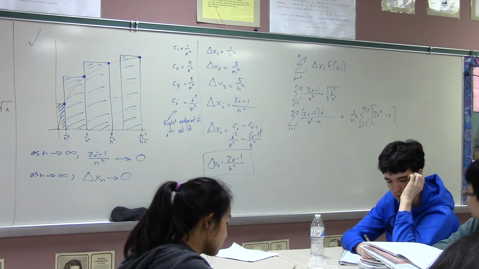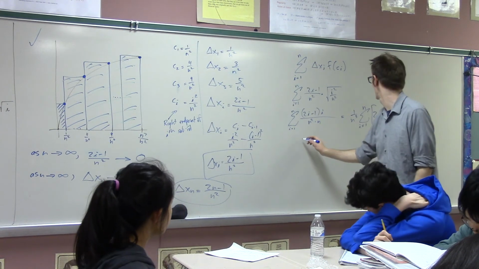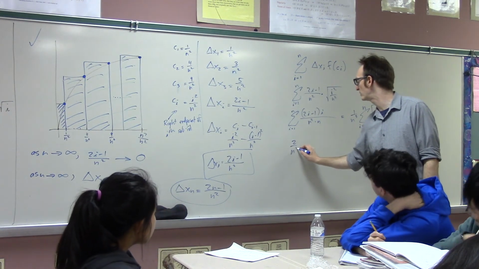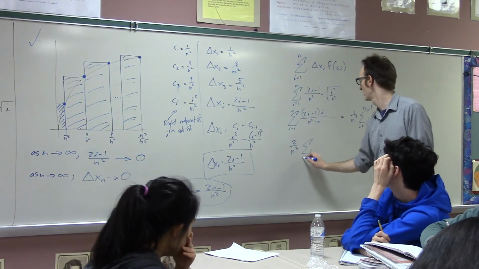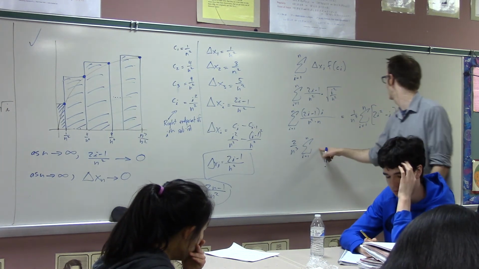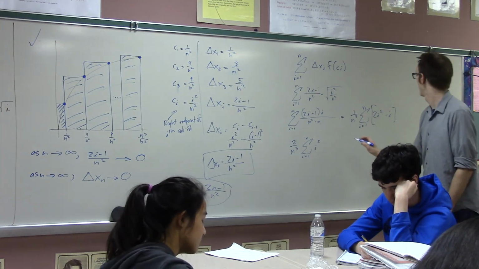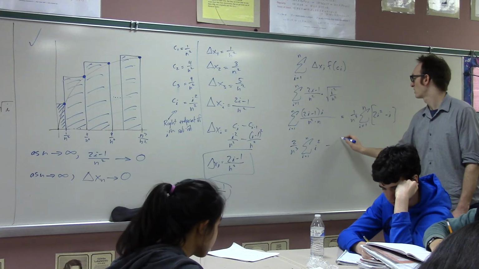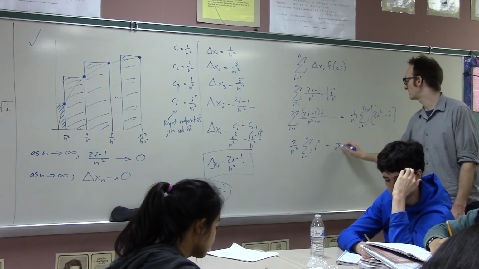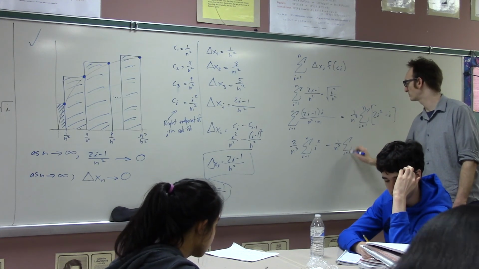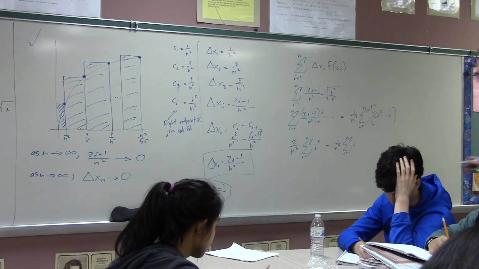Everyone okay? I'm trying not to look a little bit rushed. So this is going to be 2 over n cubed times the sum from i equals 1 to n of i squared, minus 1 over n cubed times the sum from i equals 1 to n of i.